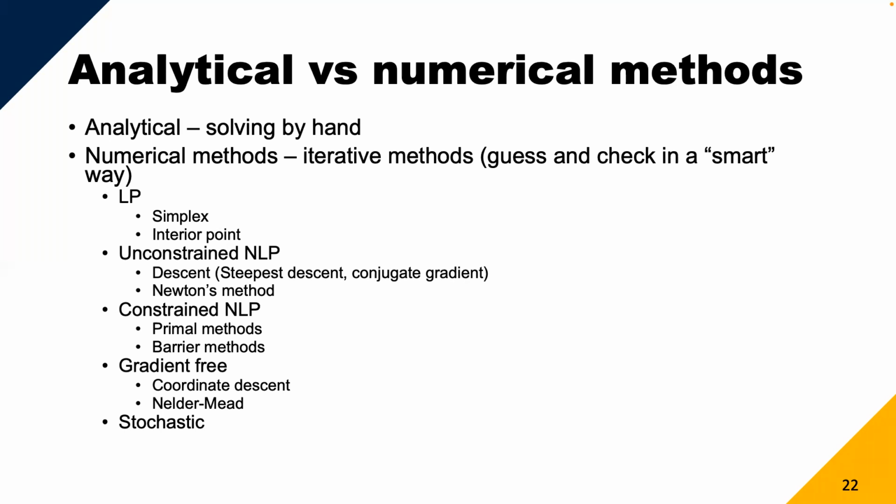And again, these are all pretty specific to different types of problems. So depending on the context of your problem, you could learn about very specific analytical and numerical methods for solving them.